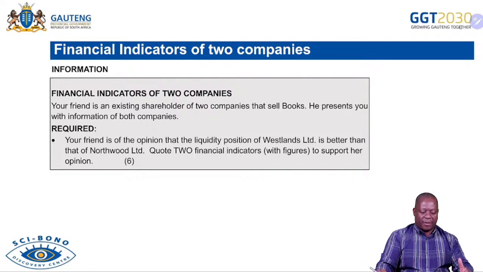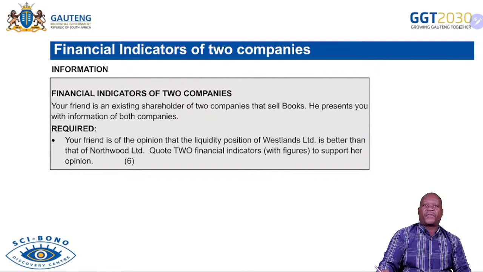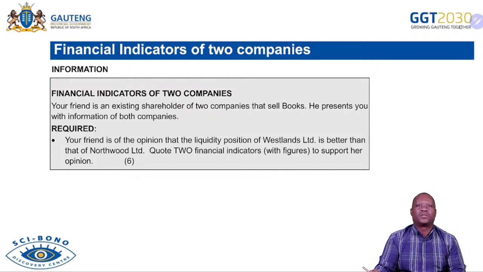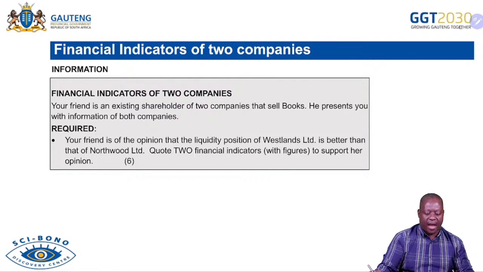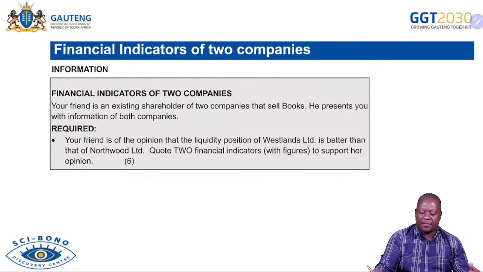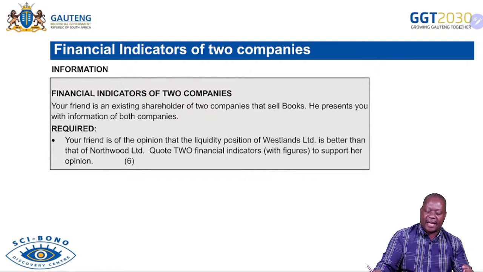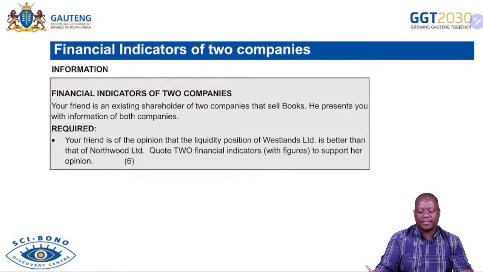Now, the information provided says financial indicators of 2 companies. Your friend is an existing shareholder in 2 companies that sell books. So they are in the same business. He presents you with information of both companies. The first thing that you are required to do is, your friend is of the opinion that the liquidity position of Westlands Limited is better than of Northwood Limited.